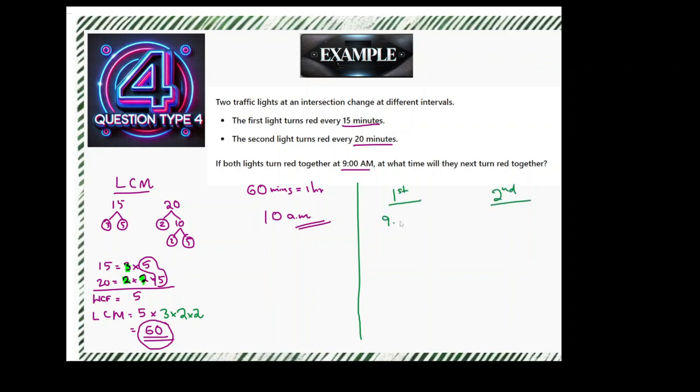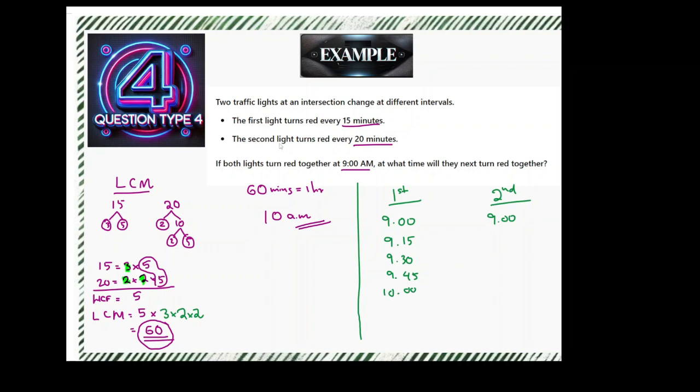They both start at 9 a.m. The first light turns red every 15 minutes, so the next time will be 9:15, then 9:30, then 9:45, then 10 o'clock, 10:15, and so on.